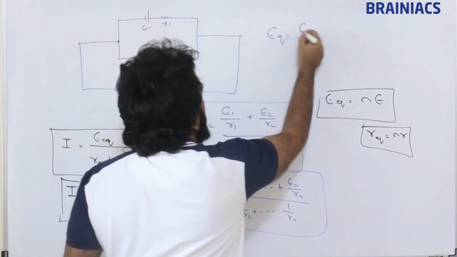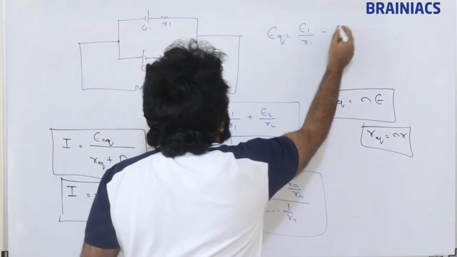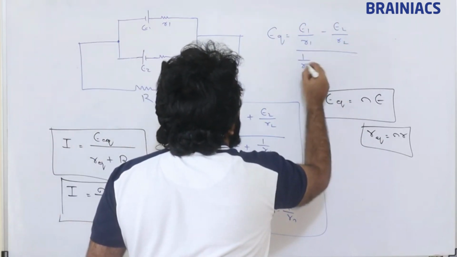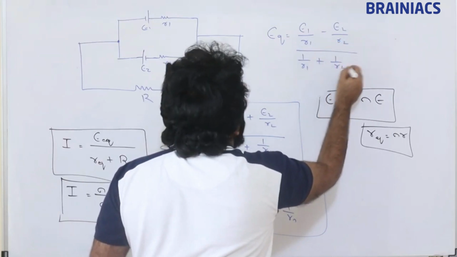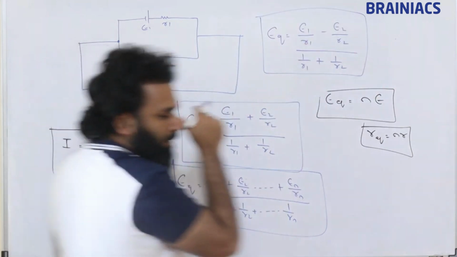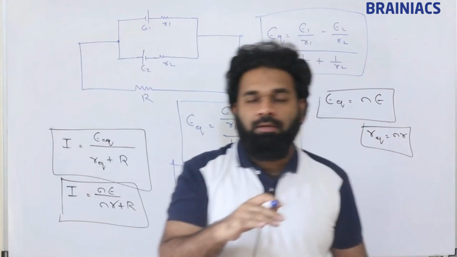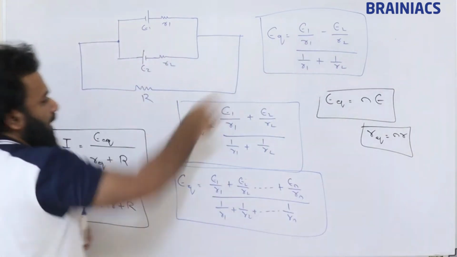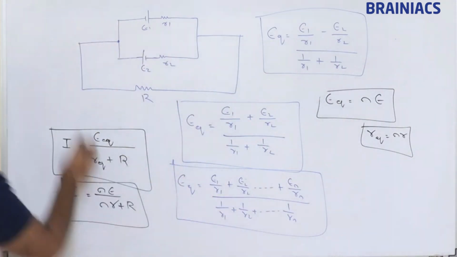E equivalent will become E1 by R1 minus E2 by R2 divided by 1 by R1 plus 1 by R2. Whichever cells are arranged in different polarities, we will have to subtract. No changes will happen to resistances.